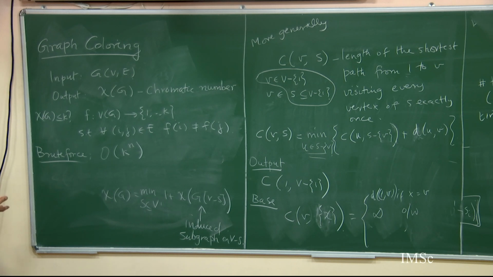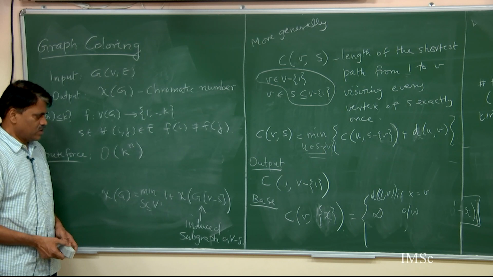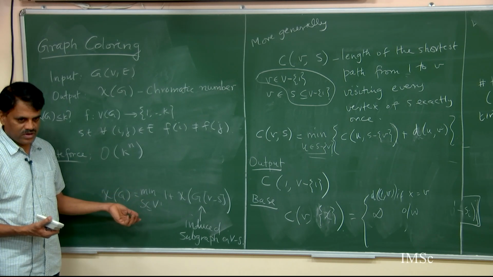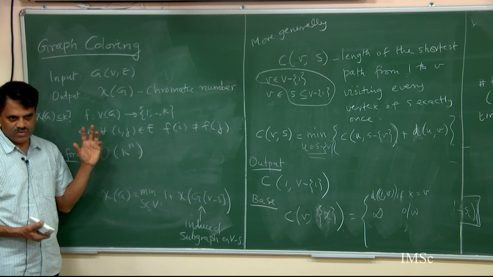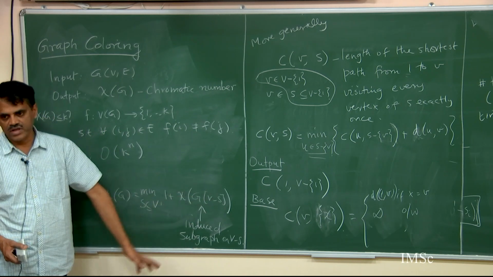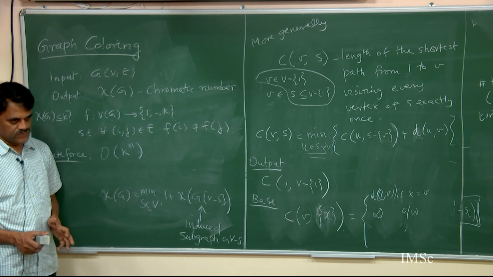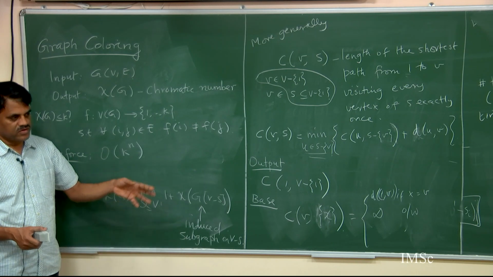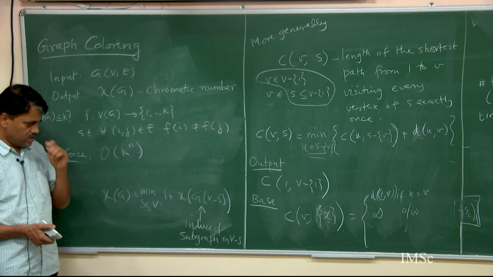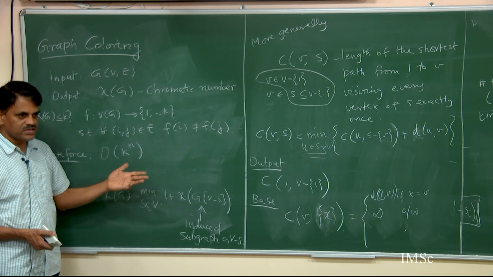So, the property we are simply using is that a color class is an independent set, and this is the optimum substructure property. Once I color one independent set with a color, then the rest must be an optimum coloring of the remaining graph, because if there is a different way of getting a better coloring, use that plus 1 and you will get something better. And a color class is an independent set.